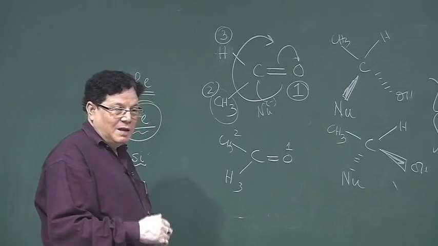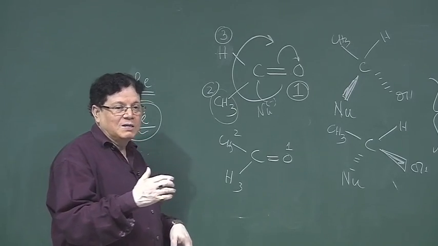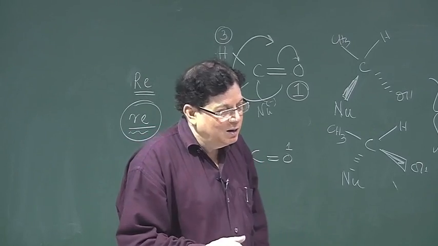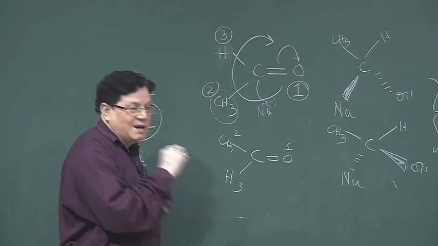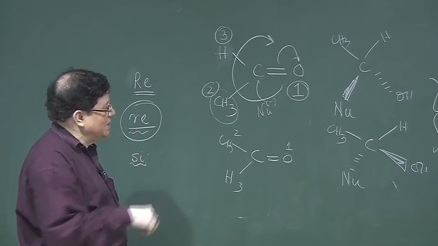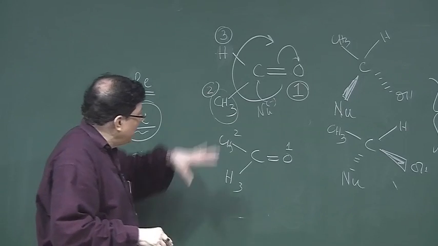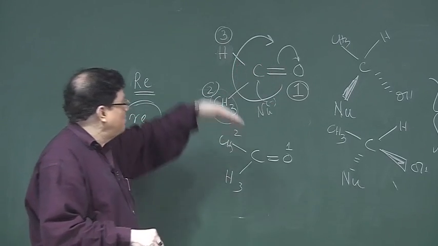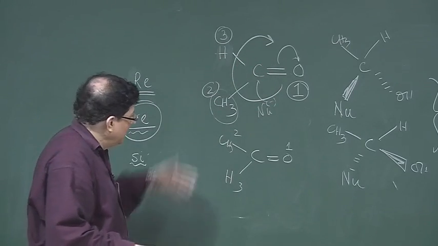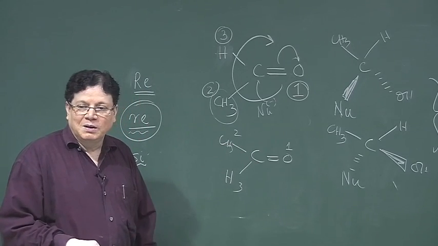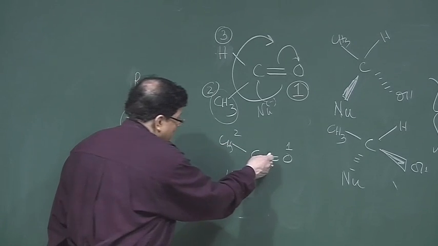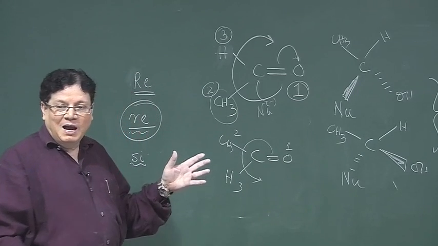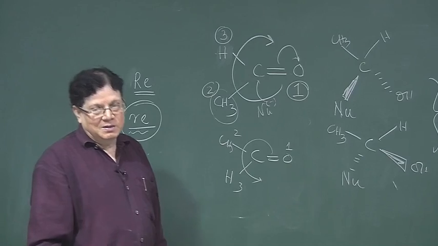But you might be confused about back and front. As I said, back and front do not have any meaning. You have to assign the Re and Si descriptors for the faces. If I write it in this fashion, this side is the Re face and the back side is the Si face. If I write this molecule in this fashion, now the back side will be the Re face and the front side will be the Si face.